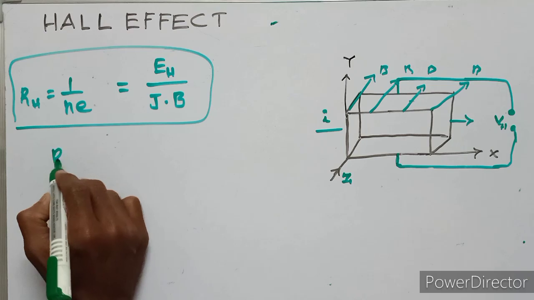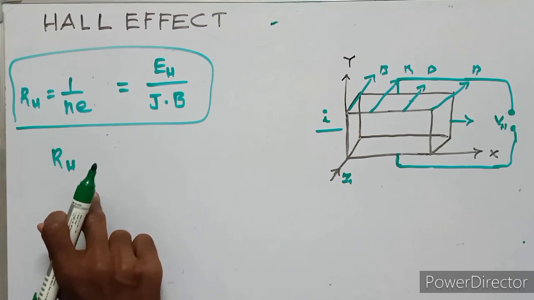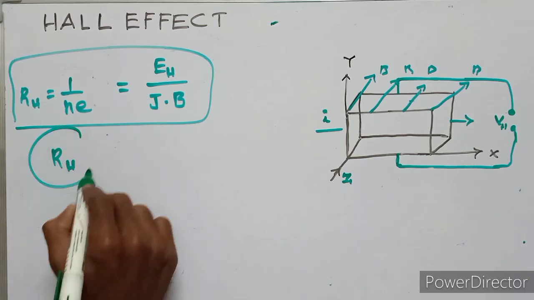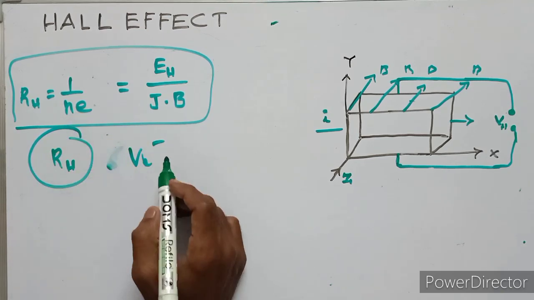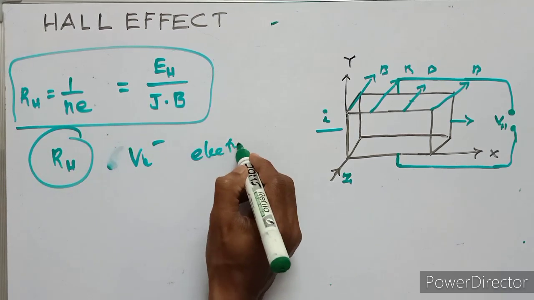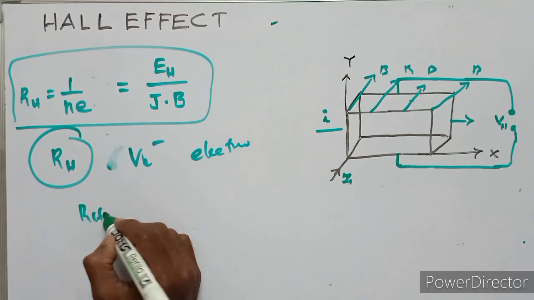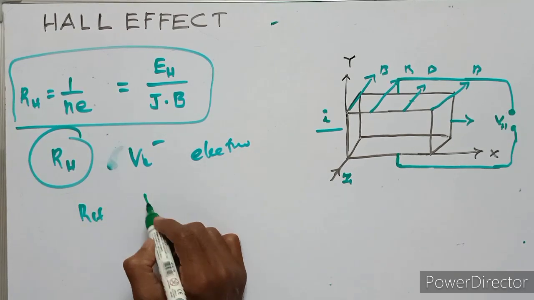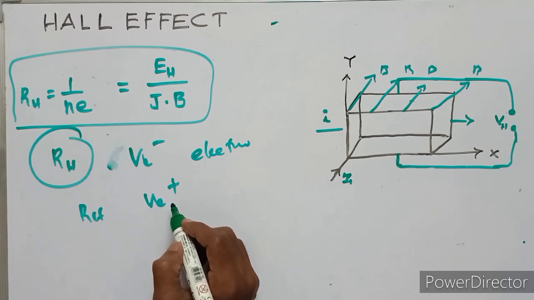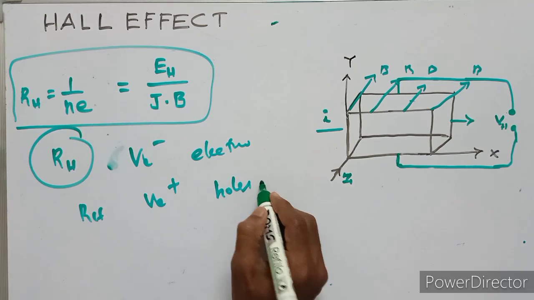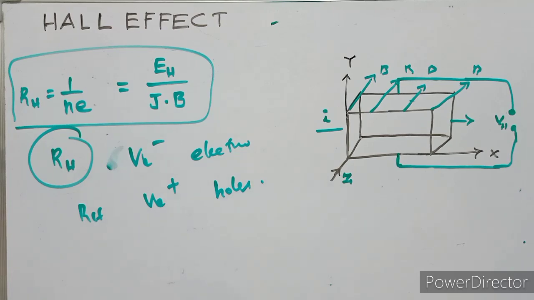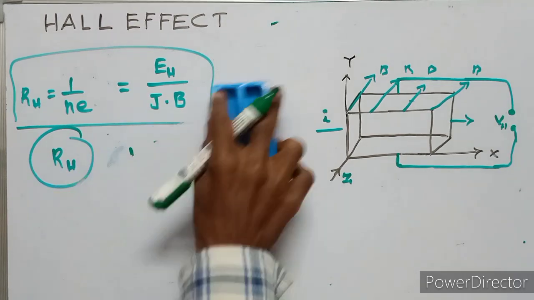R_H, the Hall coefficient, is positive when the charge carriers are holes. This is totally the Hall effect and Hall coefficient.